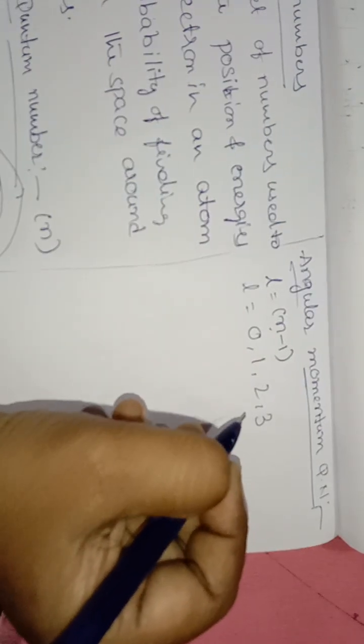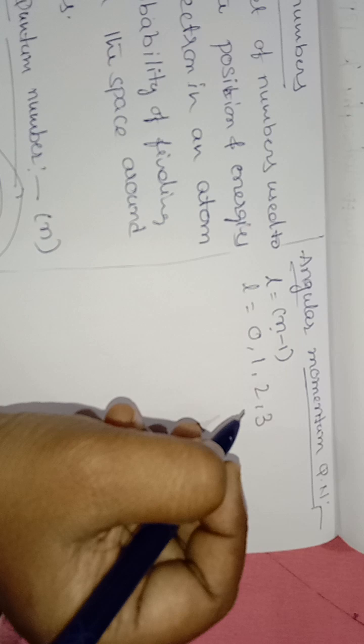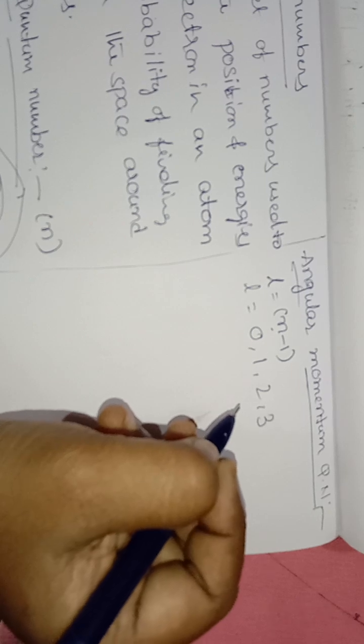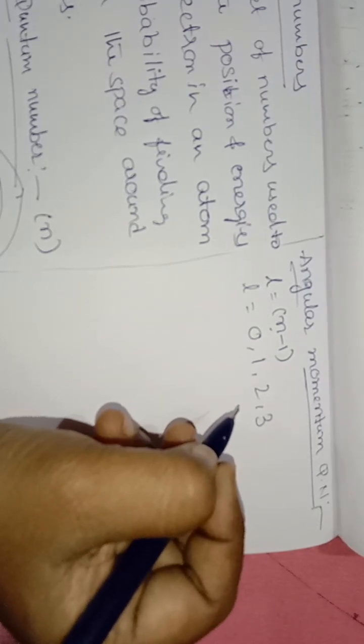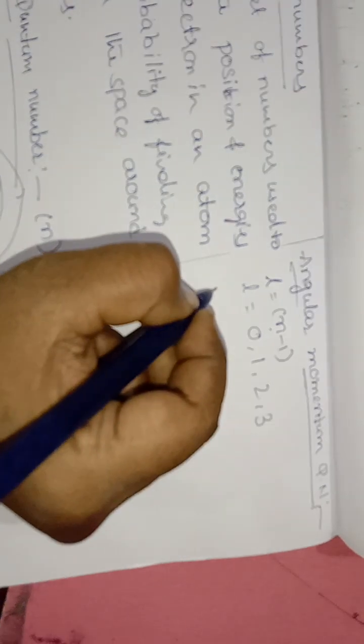Right? So here the angular momentum quantum number indicates the subshells. It gives the information related to the shape of the particular subshell.